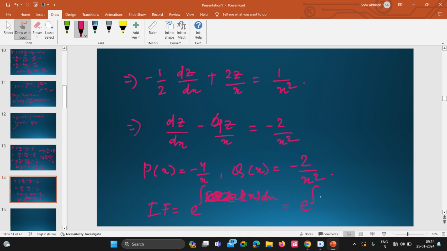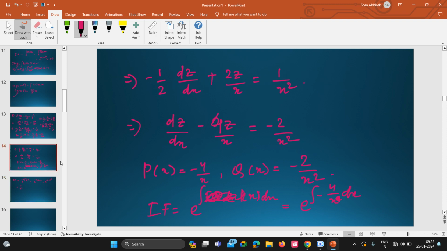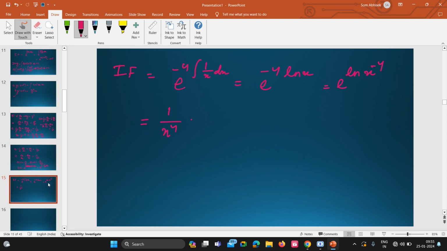So e to the power minus 4 by x dx. So the integrating factor is e to the power minus 4 times the integral of 1 by x dx, which is minus 4 ln x. e to the power ln x to the power minus 4, which is 1 by x to the power 4. Yeah, 1 by x to the power 4.